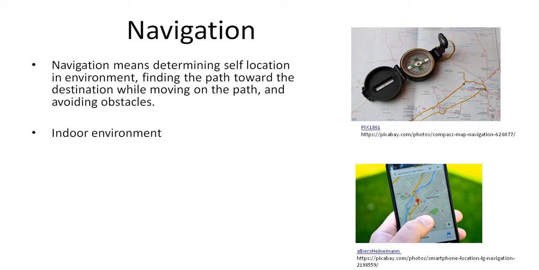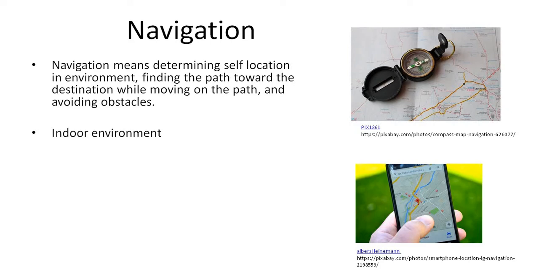So navigation can be in different types of environments. It's not always outside with GPS, but sometimes it's an indoor environment. Indoor environments are, for example, navigation inside a room. In the first lecture, we discussed the mobile robot that cleans the room. This is an indoor environment where the robot has to localize itself and navigate, avoiding the obstacles.